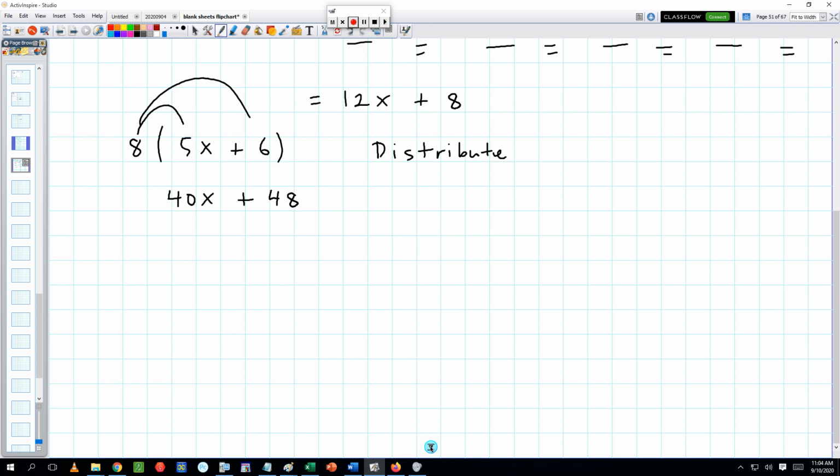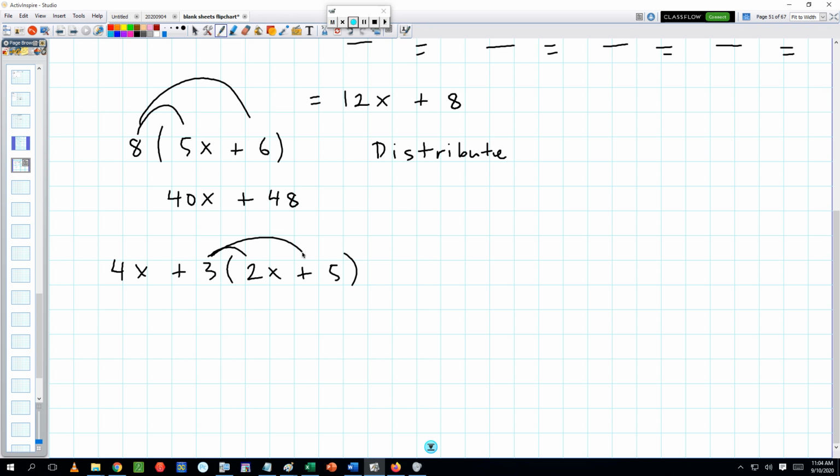A few more examples. Let's say I have something a little chunkier. 4x plus 3 times a parentheses, a group. We call that a quantity. I want to simplify this. Well, this 4x over here will just have to wait for a few moments. Let me go ahead and multiply the 3.